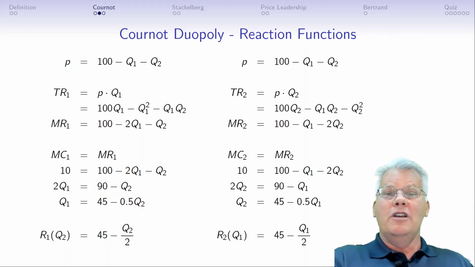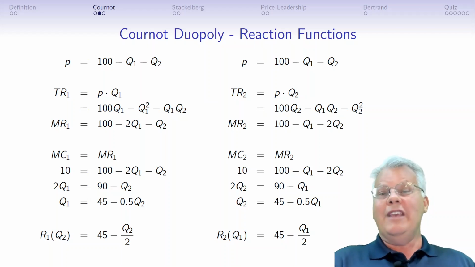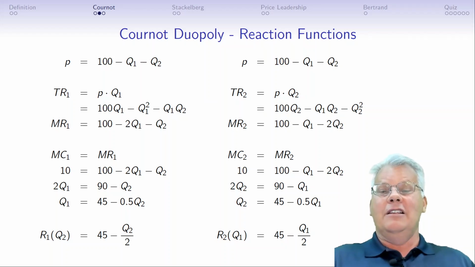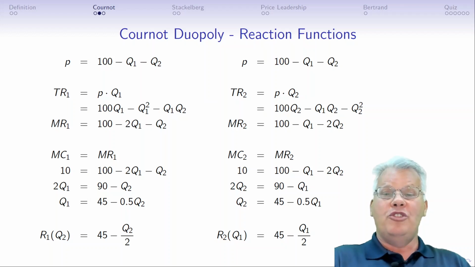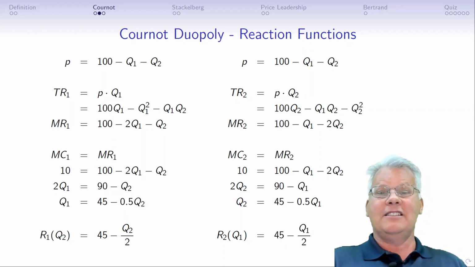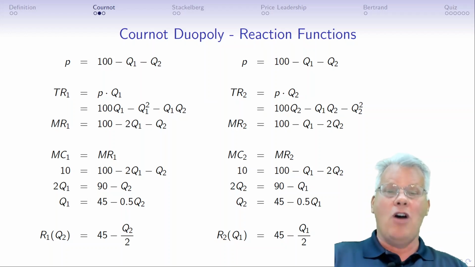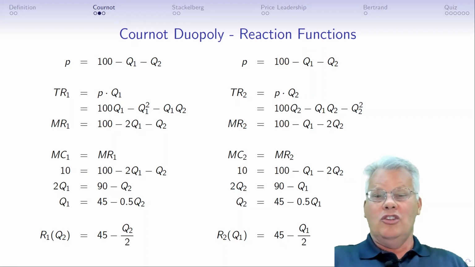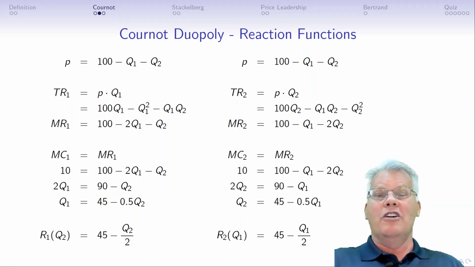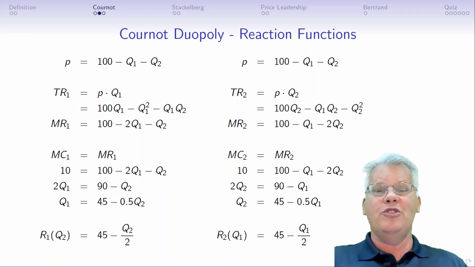For firm 2, we will do the exact same thing. The inverse demand is, of course, shared between firm 1 and firm 2, but now firm 2's total revenue is price times the output that firm 2 chooses. We get total revenue as a function of firm 1's output and firm 2's output.